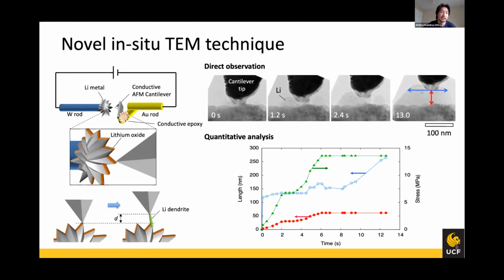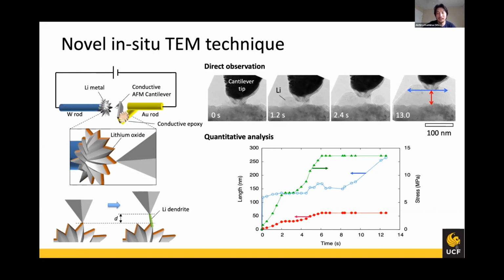So you can contact this conductive AFM cantilever on the lithium metal. Once you apply the bias, you will see the dendrite growth, and you can measure the displacement of the cantilever, and that measures the mechanical loading applied to the dendrite.